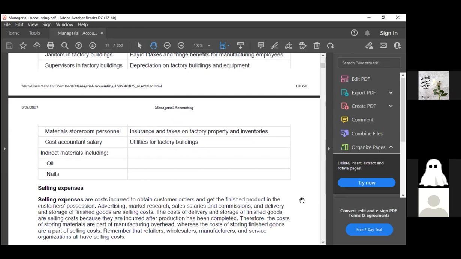So other products too, like they have mentioned glue early on. Glue is used to bind the furniture, or when you put nails through it. Manufacturers also put glue so the joints are more secure. And that is also included in indirect materials.